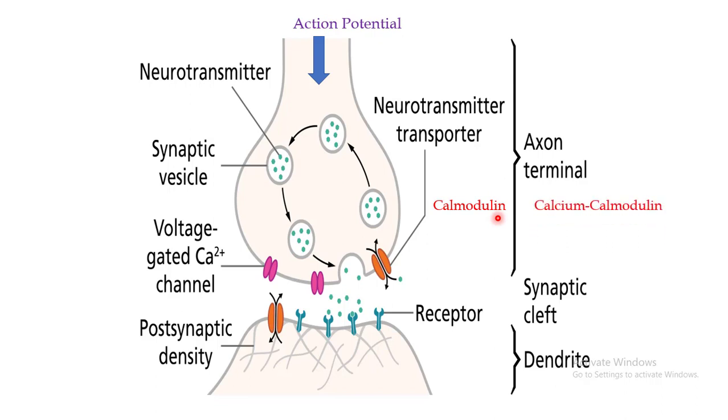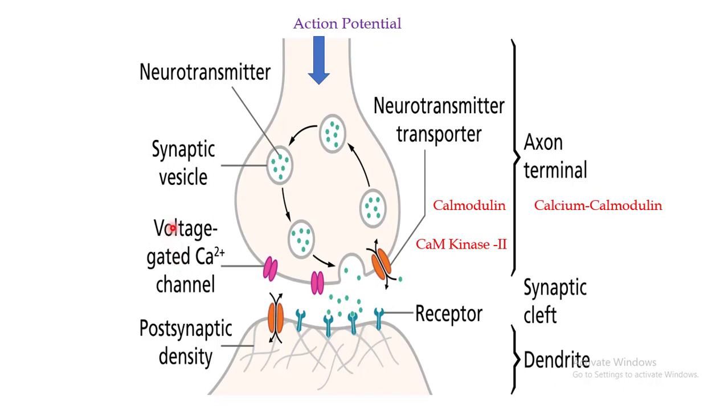The calcium and the calmodulin are going to make a complex, and when this complex is made, it is going to activate another important protein known as CaM kinase 2, and a variety of reactions are going to take place after the activation of CaM kinase 2, and ultimately it results in the release of the neurotransmitters, and these neurotransmitters bind to the receptors present on the postsynaptic neuron.